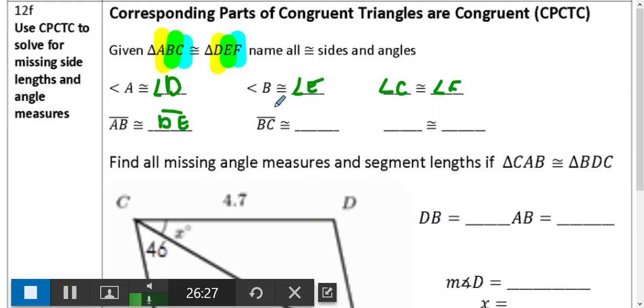First and second spots. BC would be congruent to EF. And the last spot we would have AC congruent to DF.